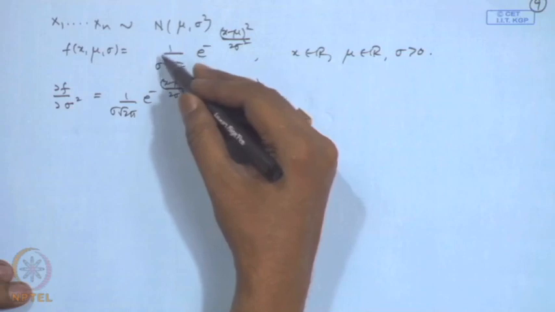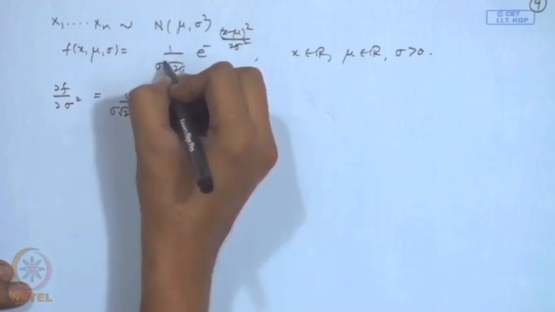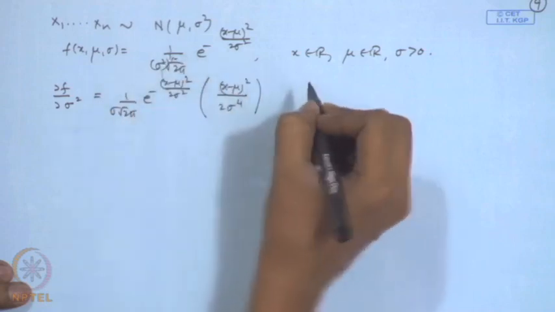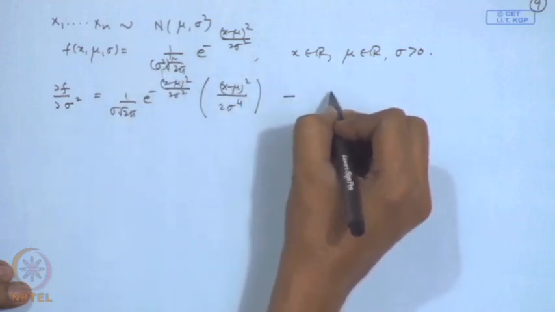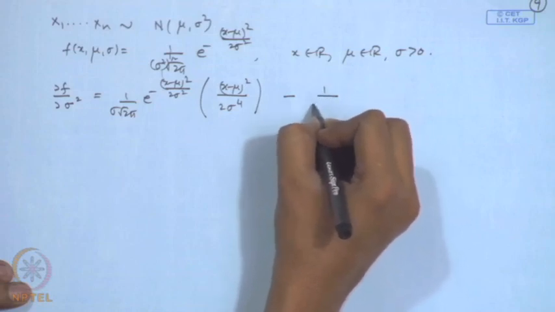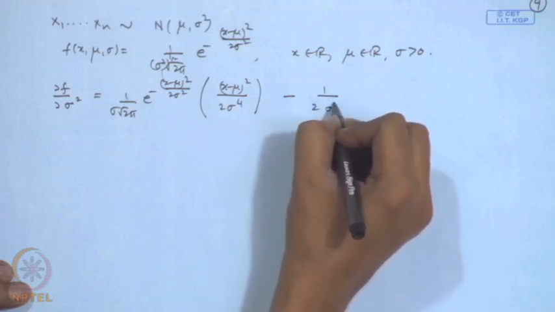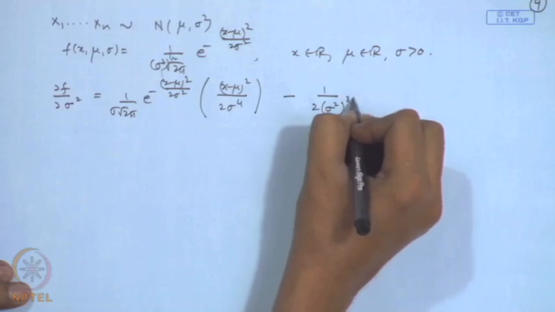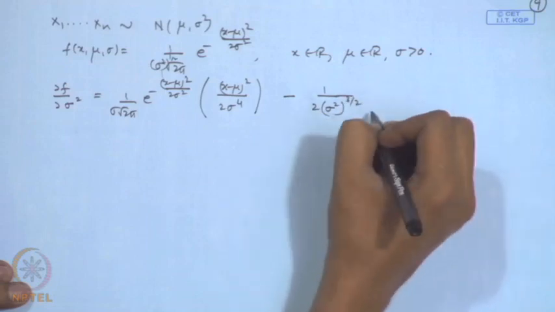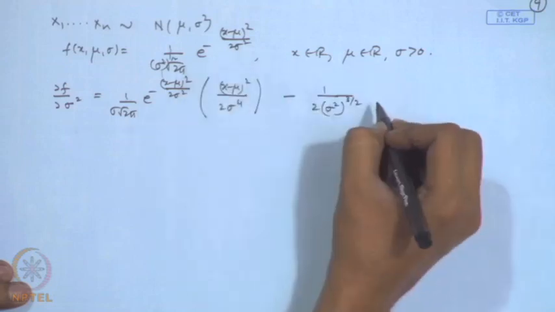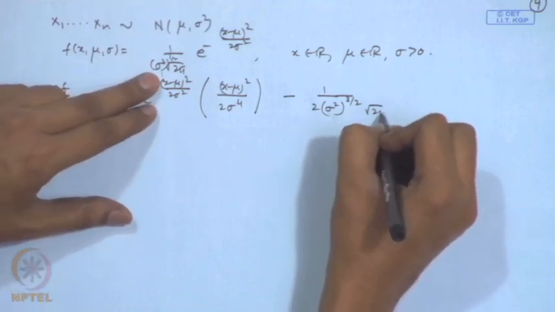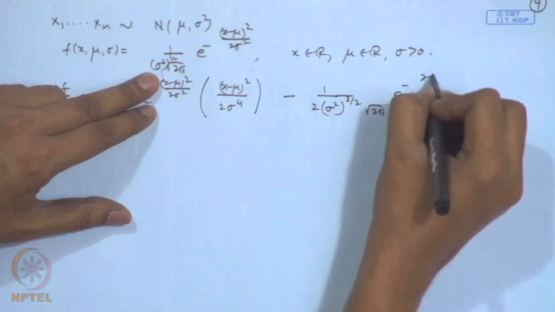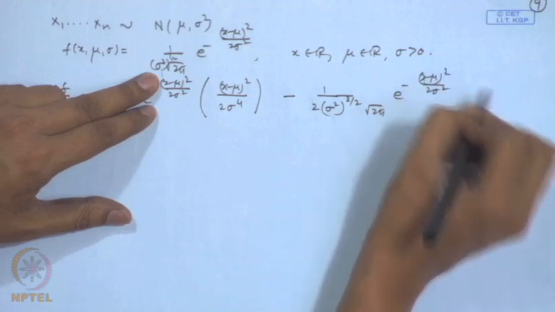Now, we consider the derivative of this term. Now, this term we will consider as sigma square to the power half. So, the derivative of that will become minus 1 by 2 sigma square to the power 3 by 2, and then you have root 2 pi e to the power minus (x minus mu) square by 2 sigma square.